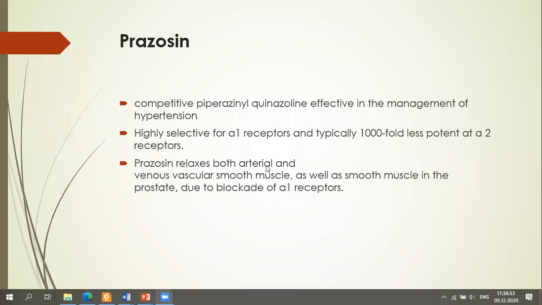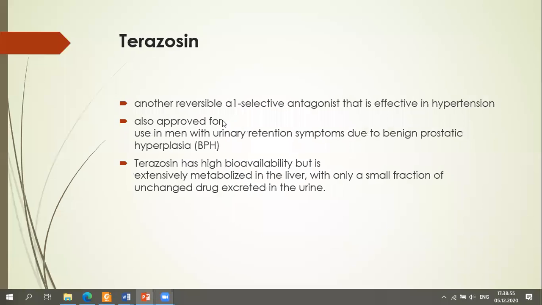Now let's continue then. Terazosin is used for the treatment of BPH, benign prostatic hyperplasia. About this disease, we have already learned that it is related with the enlargement of the prostate.